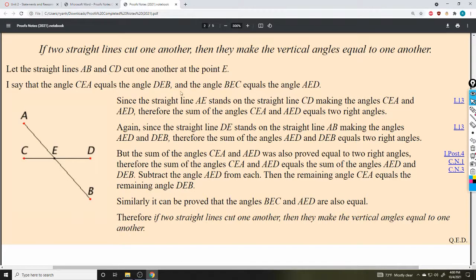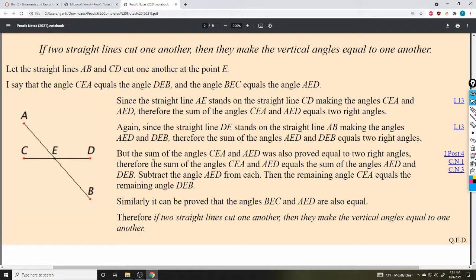It's laying out, here's the information, here's the diagram, here's where the angles are. Then it says the straight line stands on a straight line, making angles CEA and AED. In other words, these angles are a linear pair, so they add to 180. Then in the next paragraph, these angles are a linear pair. They add to 180.